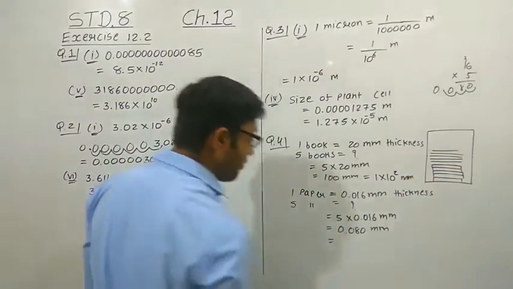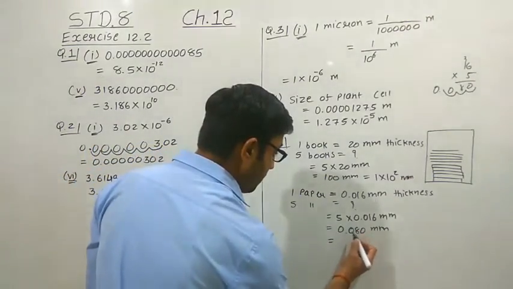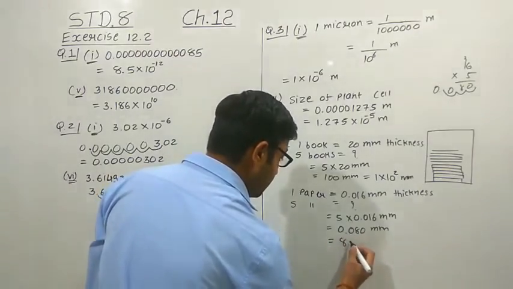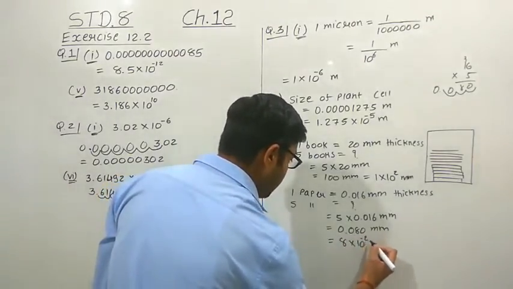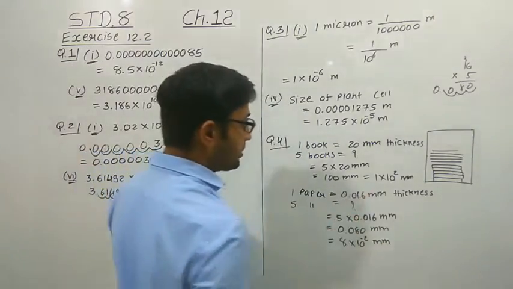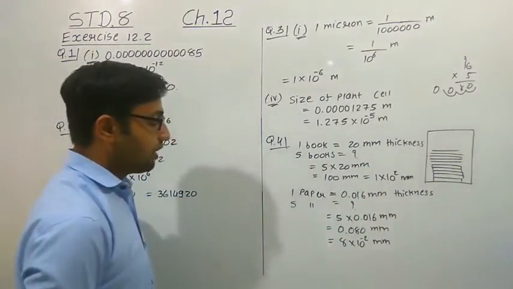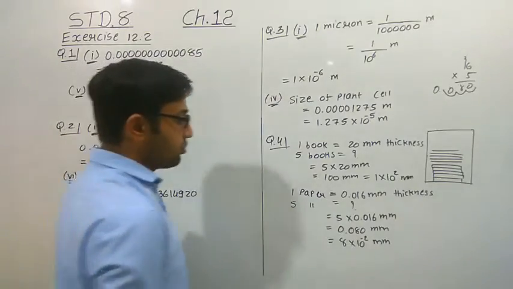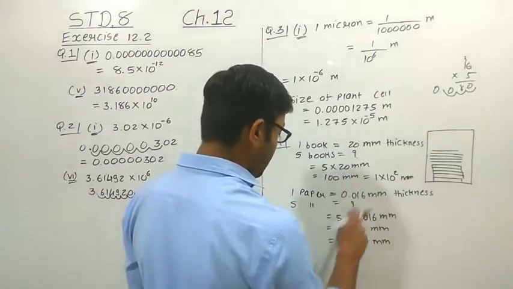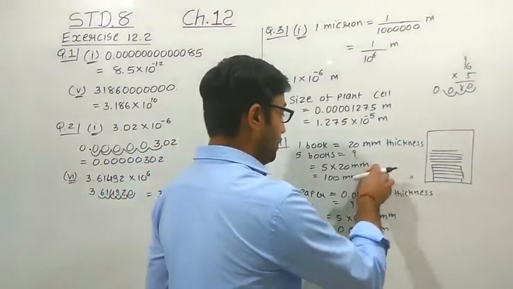And this number, if we shift the point to the right-hand side, we get 8 into 10 raised to power minus 2 millimeter. Now both these numbers are in standard form but have different powers, so we have to make their powers equal. Instead of doing this, we can do this: 100 is in millimeter, 0.080 is also in millimeter. So let us not convert it into the standard form.